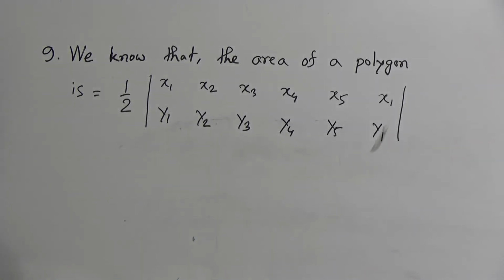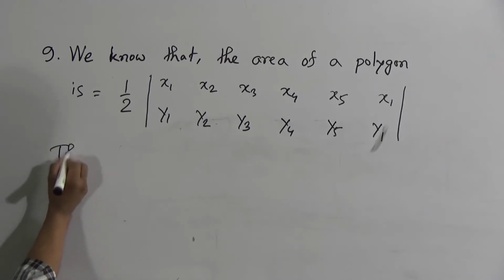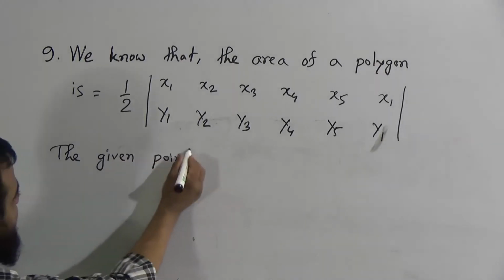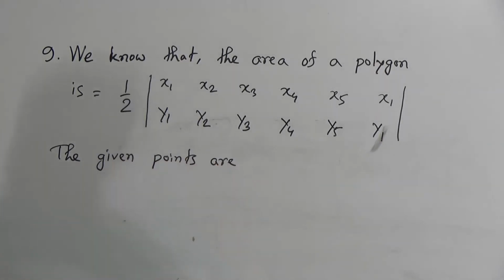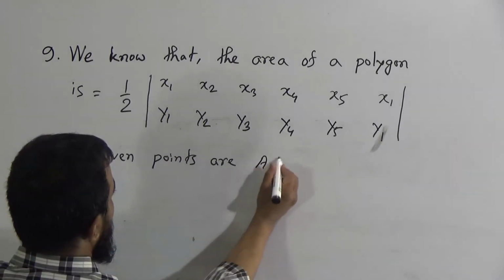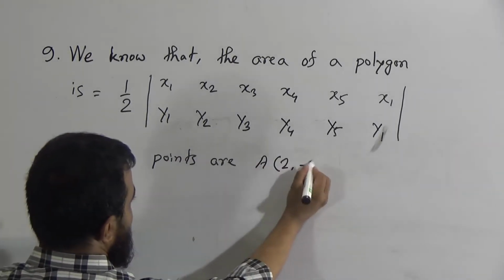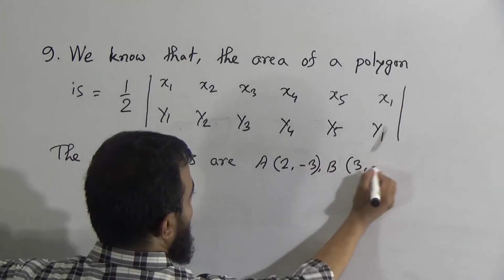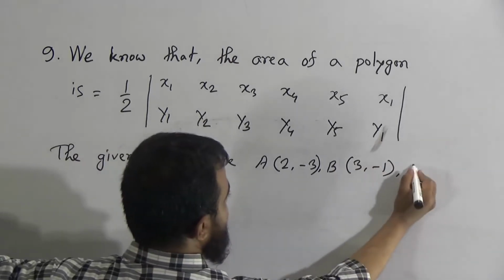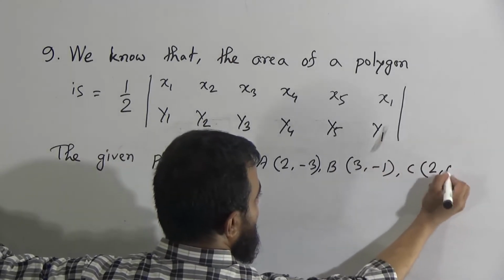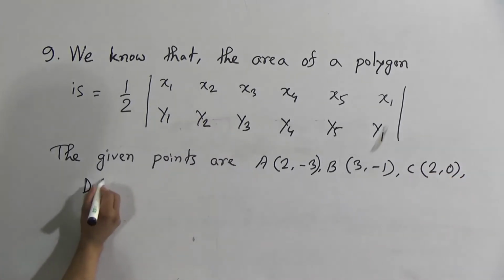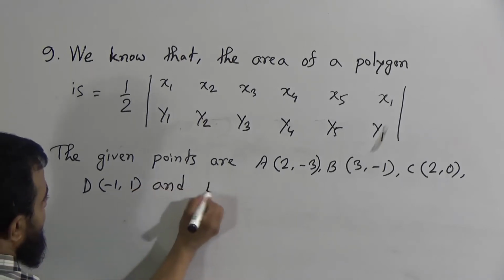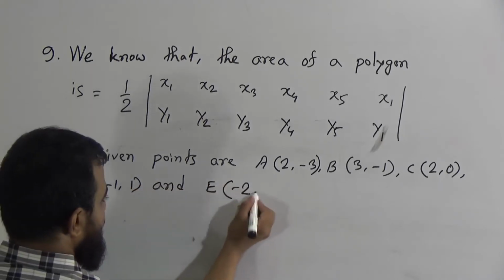Now the points are given here. We should write them down in the solution. The given points are: A is (2, -3), B is (3, -1), C is (2, 0), D is (-1, 1), and E is (-2, -1).